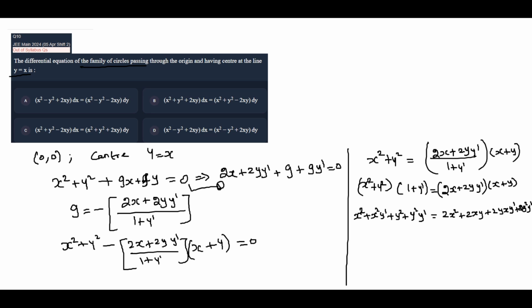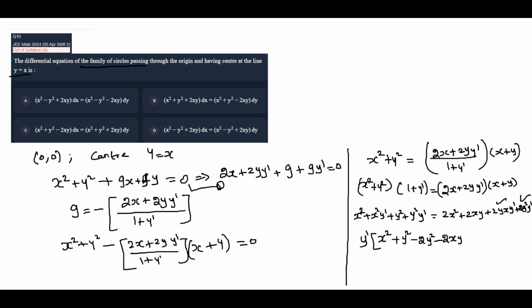Now combine the y dash terms, so y dash into x square plus y square on the left side, and 2y square is also there, so side change it, minus 2y square, and the term minus 2xy.